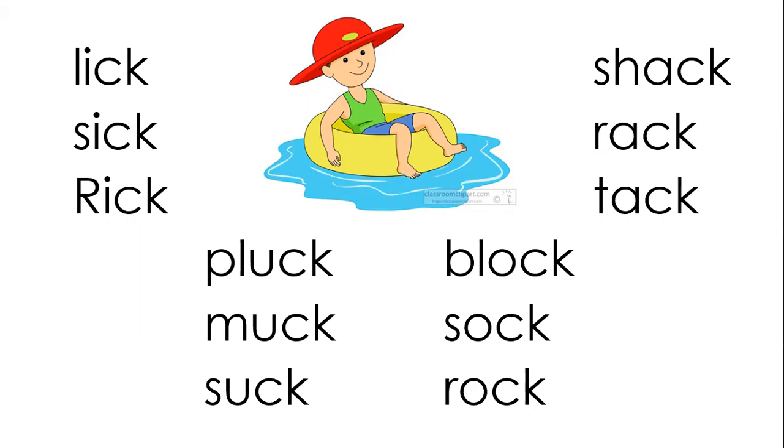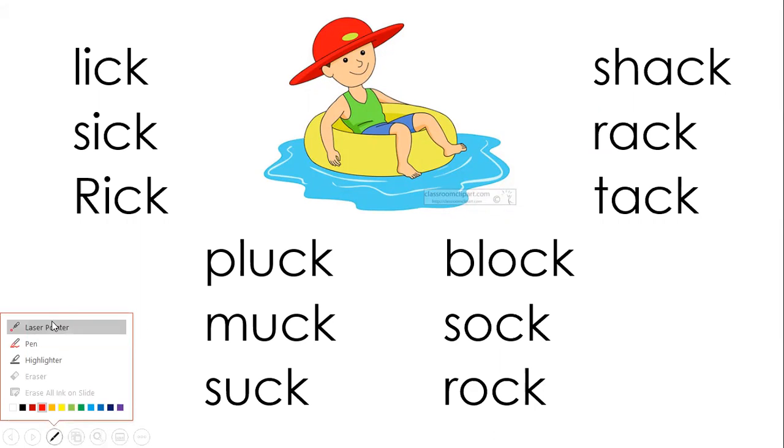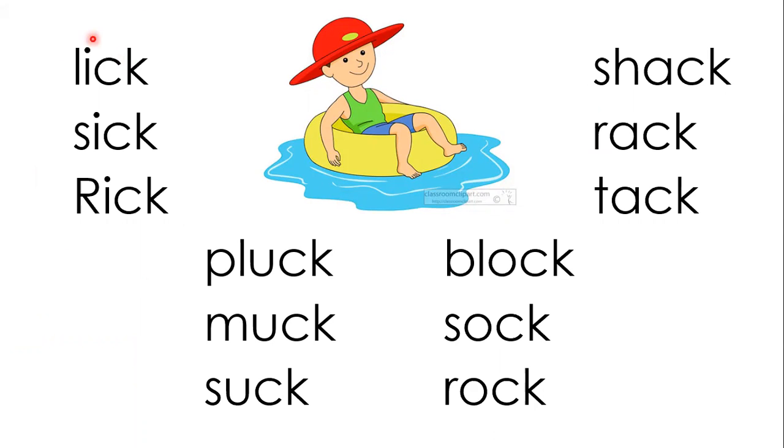All right, so thinking about our pattern, you might think that we put lick, sick, and rick together because they all have CK at the end. But there should have been a different way that you would have seen that we sorted them. So here, this group of words, they have ICK. And then here we have ICK again, and ICK again.